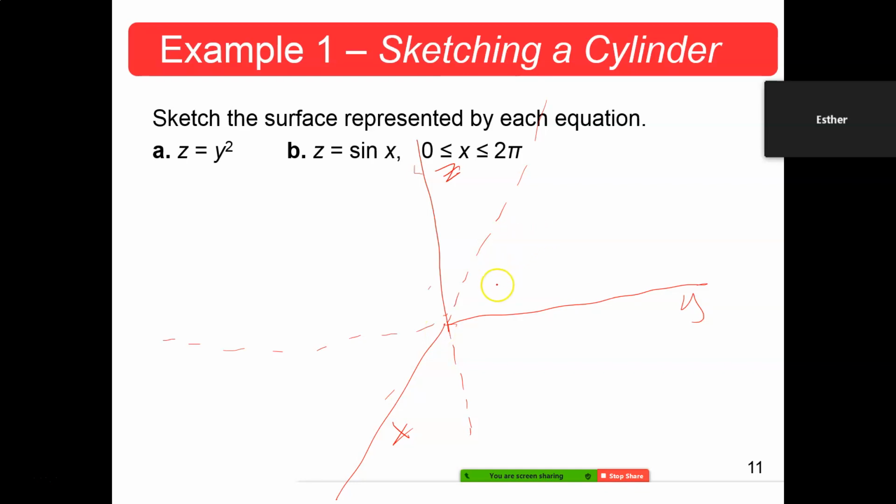So when x is equal to 0, z is equal to 0. When x is pi halves, z has gone up to 1 here. When it's 0, it's 0 again. Down here, it's so hard to draw these. This is the sinusoidal curve, and that really stinks.